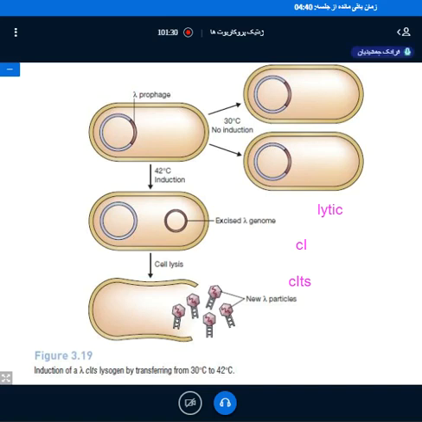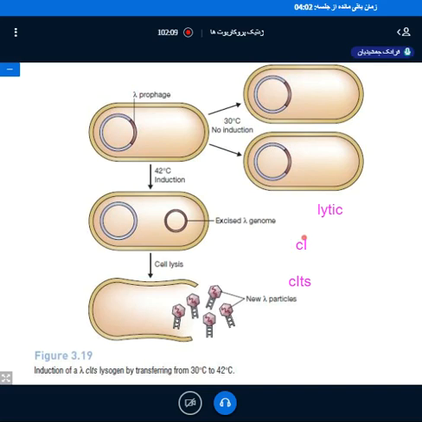So let me repeat again. If we want to extract the phage, which cycle do we want? Repeat after me. We want lytic phase. So we can use a mutation. We have one gene. This gene name is C1. What does C1 do?